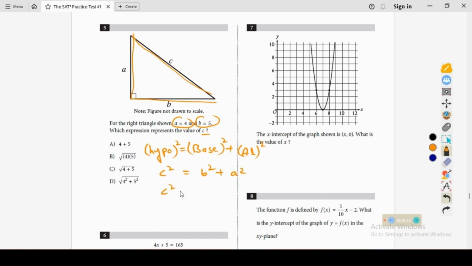So C square becomes, the value of B is 5, it becomes 5 square, and the value of A is 4, it becomes 4 square. Rearranging, it becomes 4 square plus 5 square, and by taking the square root on both sides, the value of C will be the square root of 4 square plus 5 square. So D is the correct answer.